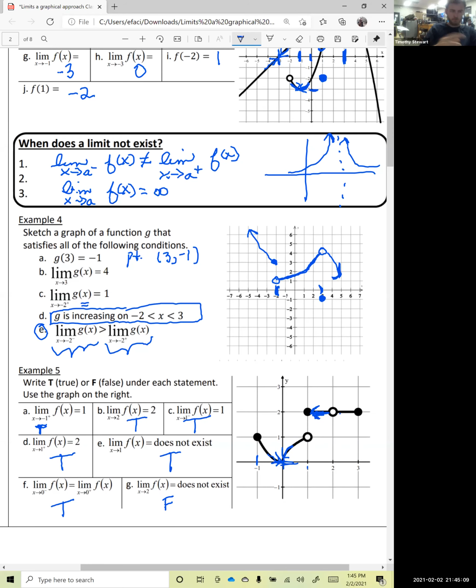So if it's not approaching from the other side and it's on an open circle, then it doesn't exist as well. Right. So if this piece of the graph right here was maybe not even on there and it just stopped, there were no x values greater than 2, then the limit wouldn't exist.